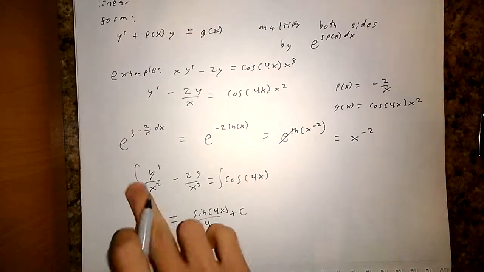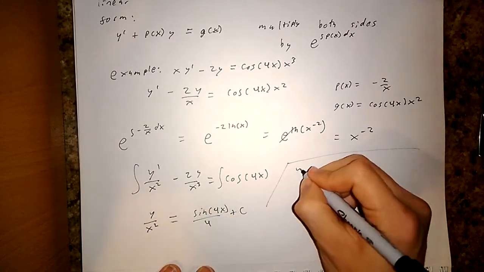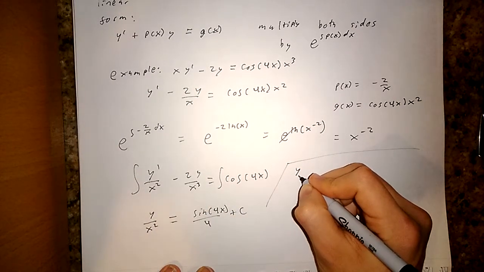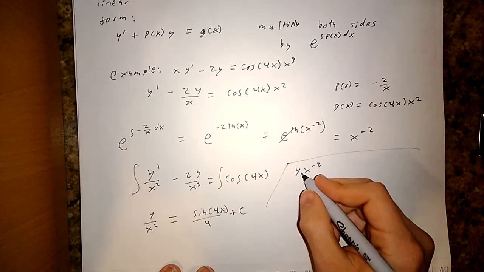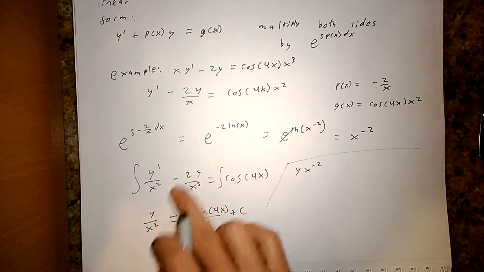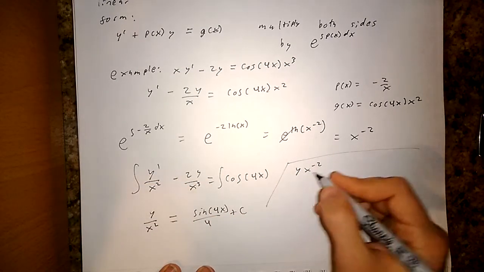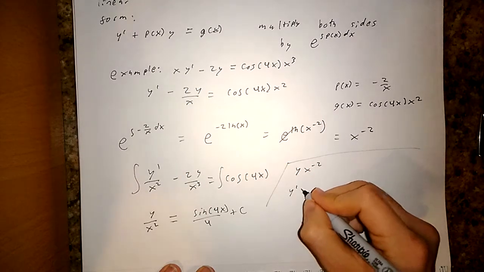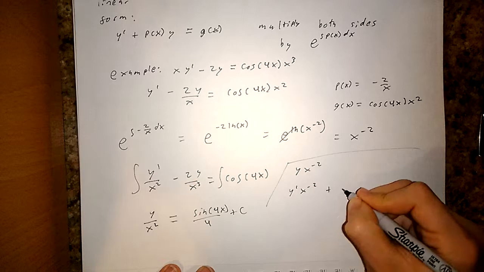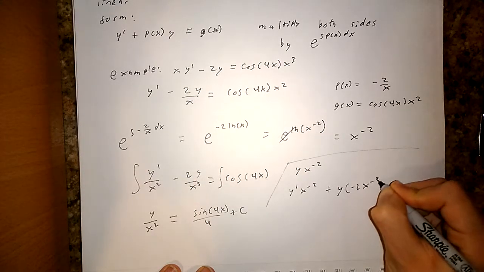Now, to prove this, I'm going to just take the derivative of this one and prove to you guys that it is equivalent. To use the product rule, this makes it into a product. The derivative of a product is the derivative of the first times the second, plus the first times the derivative of the second, which is negative 2 x to the negative 3.